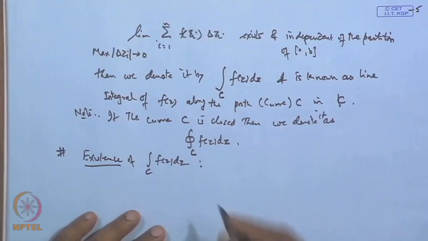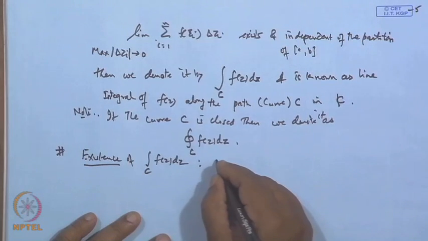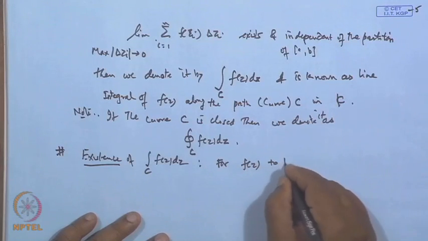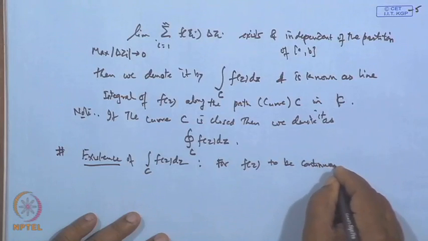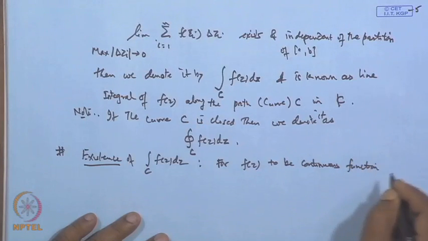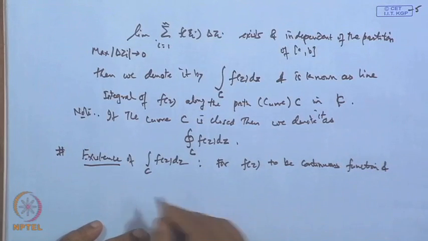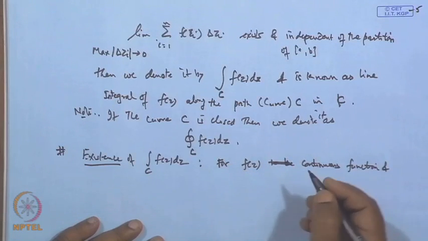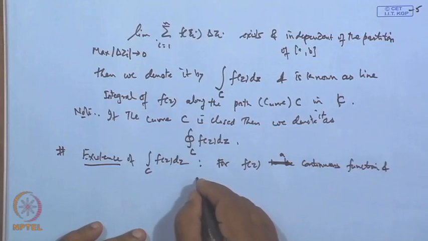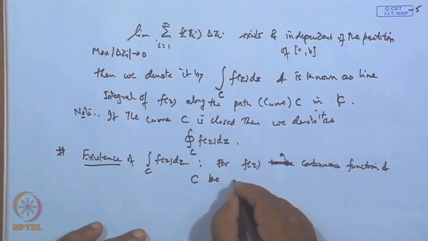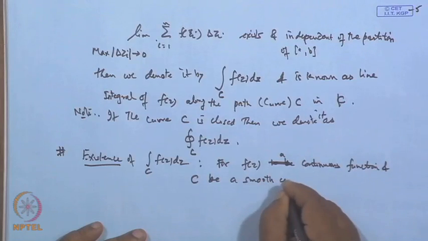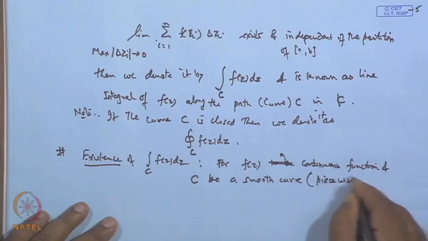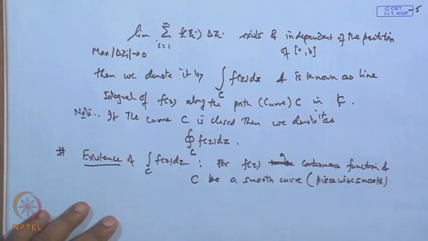So, we assume f(z) to be a continuous function and C to be a smooth curve, or maybe a piecewise smooth curve.